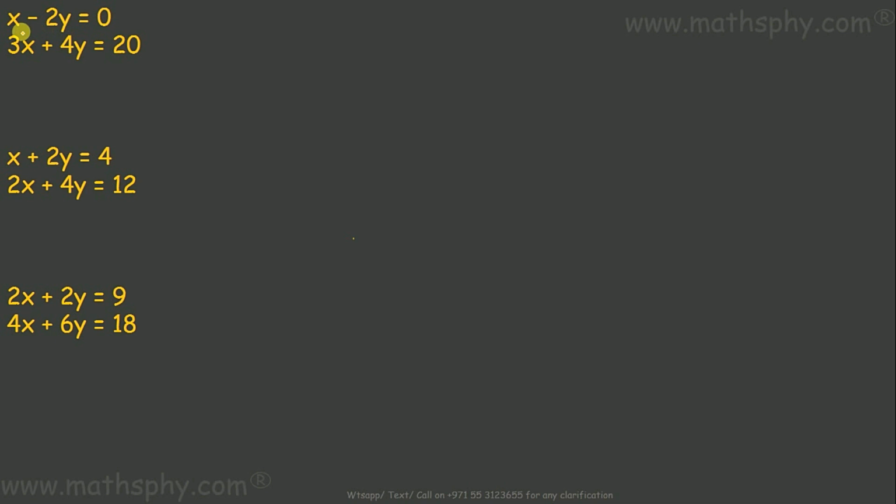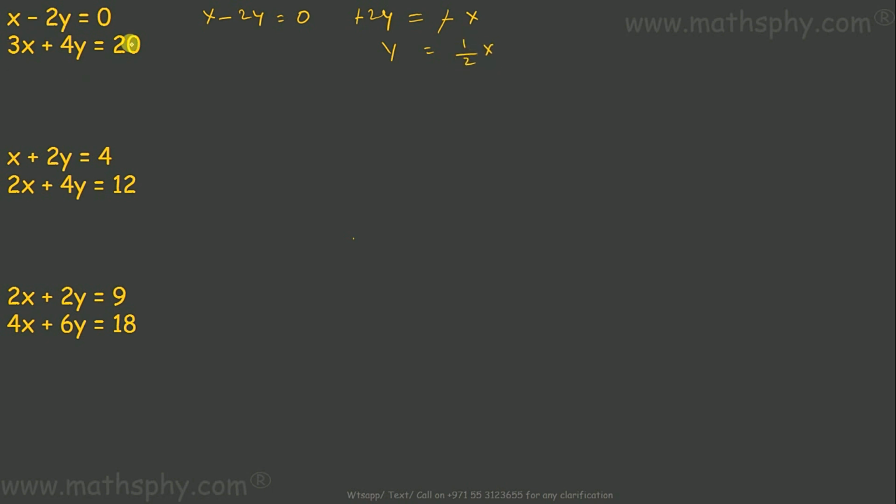Now, this one here, x minus 2y is equal to 0, and 3x plus 4y is equal to 20. If I write this equation x minus 2y equal to 0 like this, minus 2y is equal to minus x, minus minus cancelled, y would be equal to x over 2.